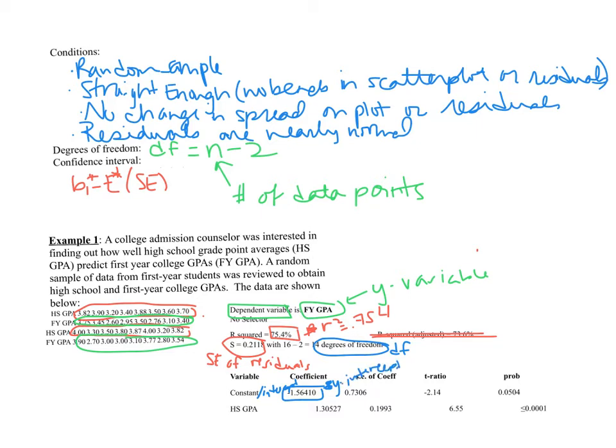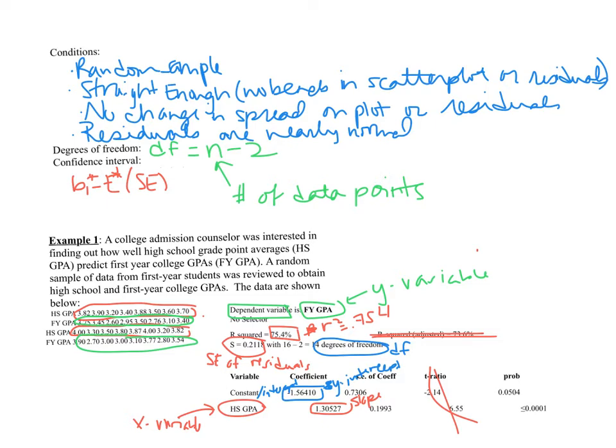The next thing that they give us is another variable, HSGPA, high school GPA. That is our x variable. And then the coefficient of the x variable, remember, is the slope of our line. The t ratio is not important.